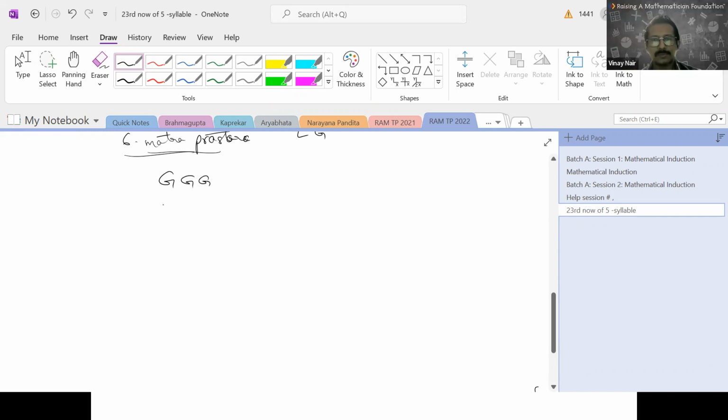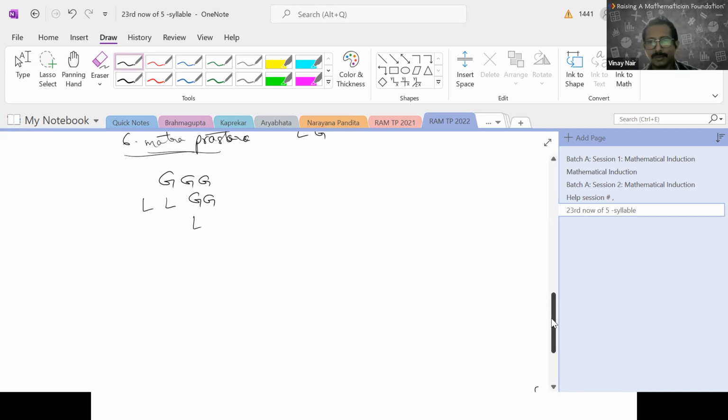Continue. Then we scan from the left. The first G becomes L, so LGG, and then we add an L to the left. Then once again, scan from the left. The first G becomes L. So we get 4 L's and 1 G.